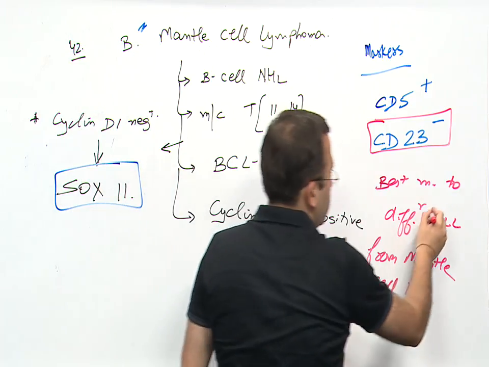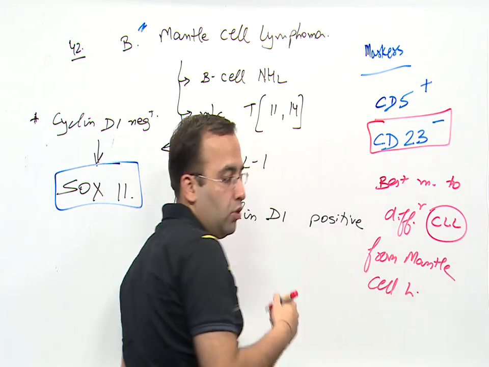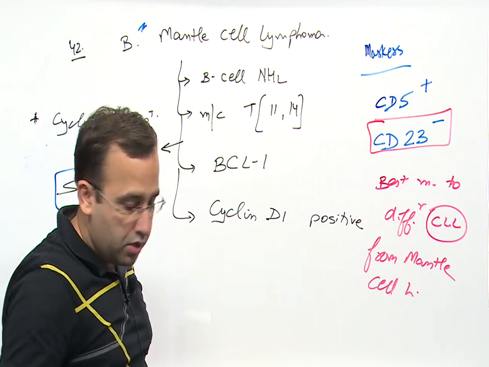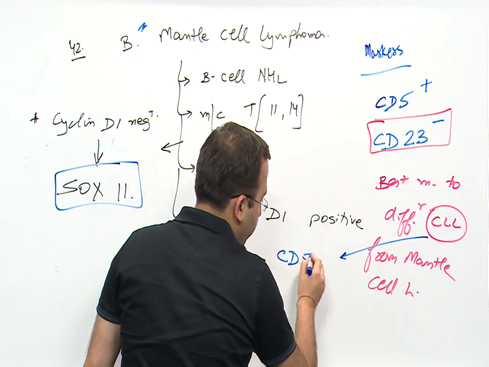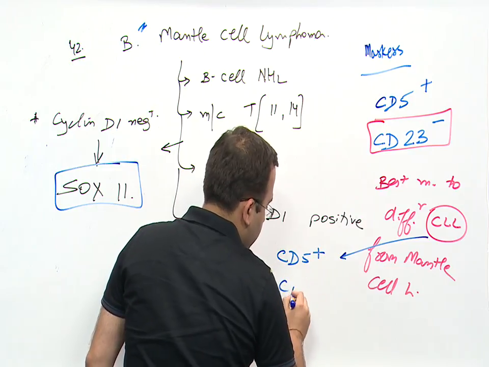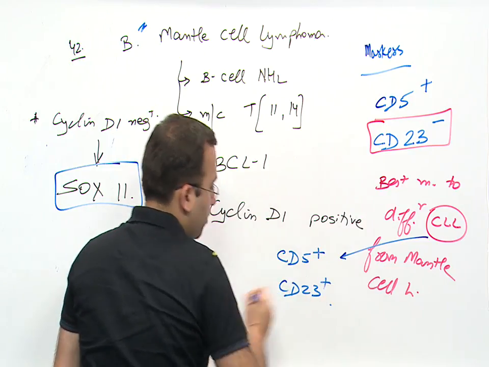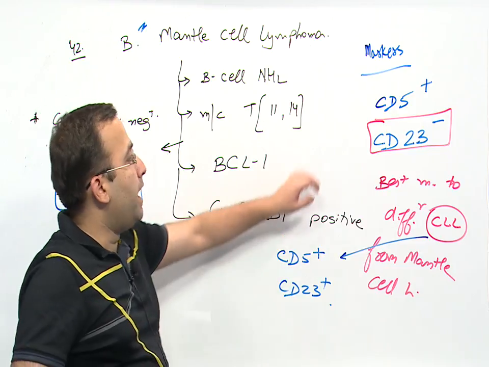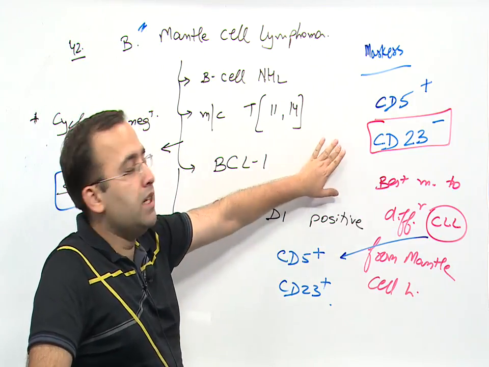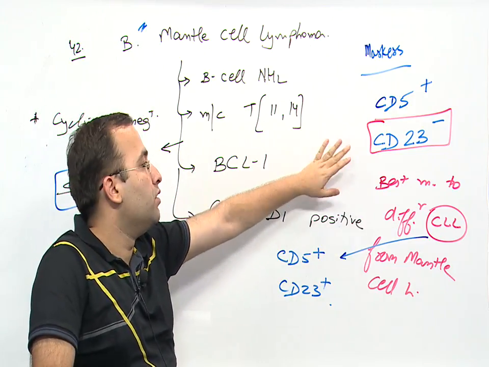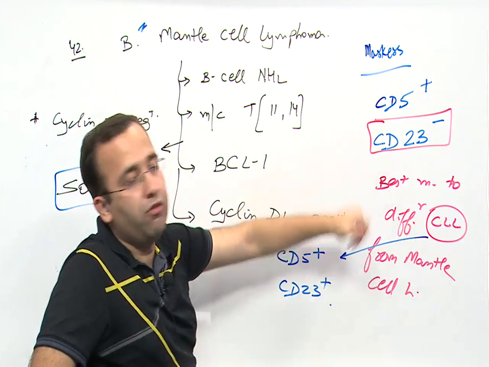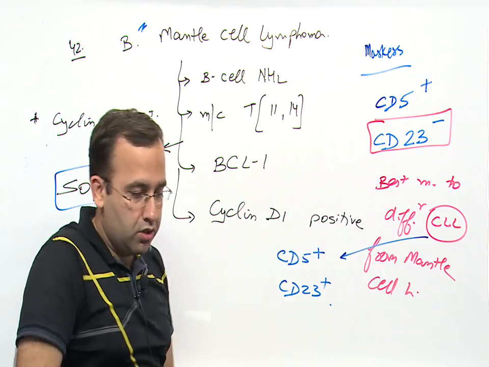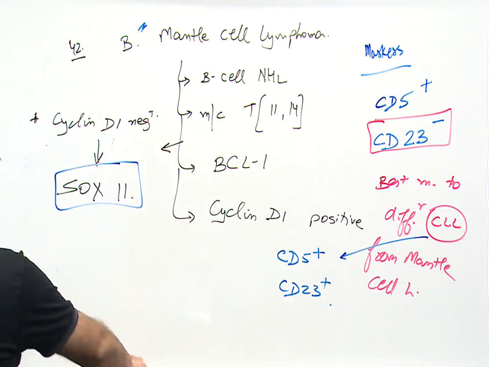How? Because CLL is CD5 positive, CD23 positive, whereas mantle cell lymphoma is CD23 negative. So the best marker to differentiate CLL from mantle cell lymphoma is CD23. Next.